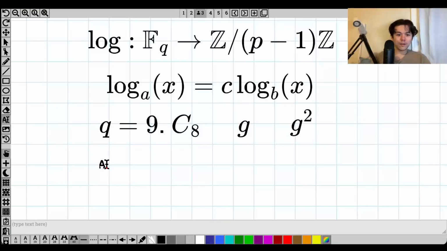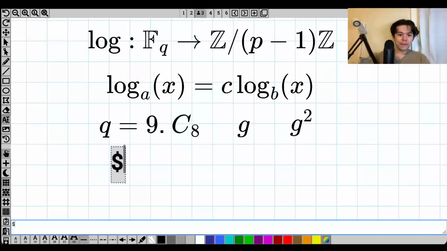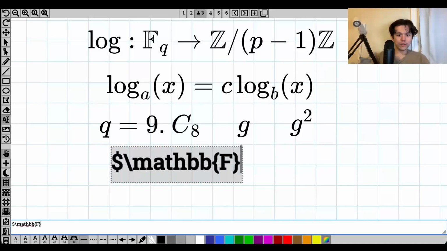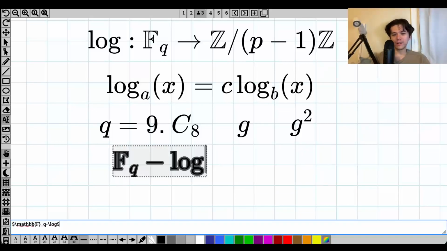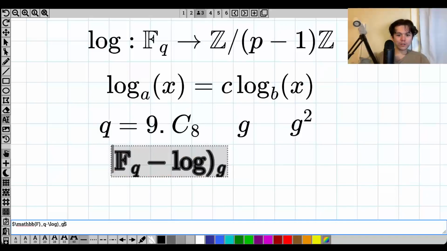So, if I take, now we're working over, I guess I should write it differently, F_q, this is bad notation. Nobody writes this, by the way. We take the F_q log base g of x. This will be defined for every non-zero element of our field.